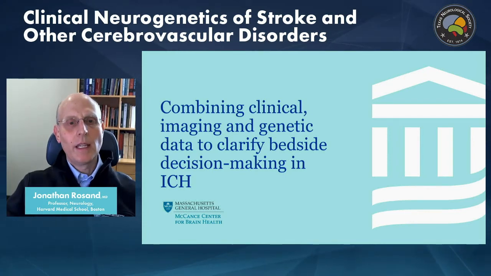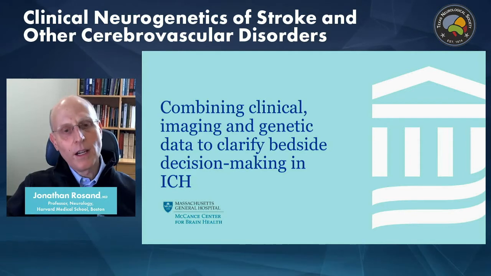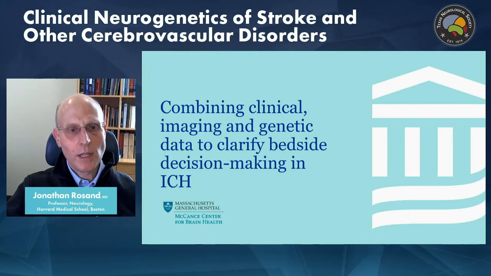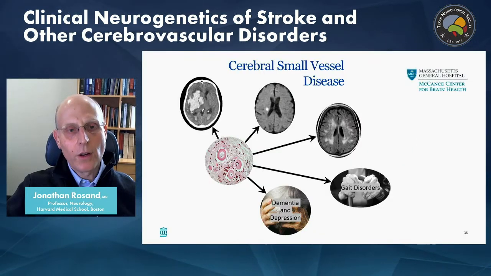Now, as we move to applying genetic information into clinical decision making, we have to keep in mind that there are a lot of answers yet to be obtained in multi-ethnic samples. So the data I'm about to show you are in largely white individuals.